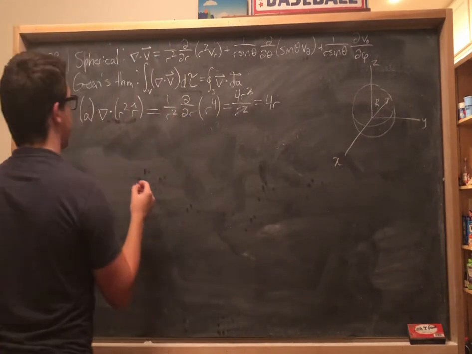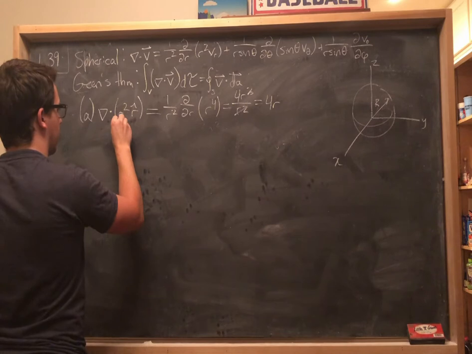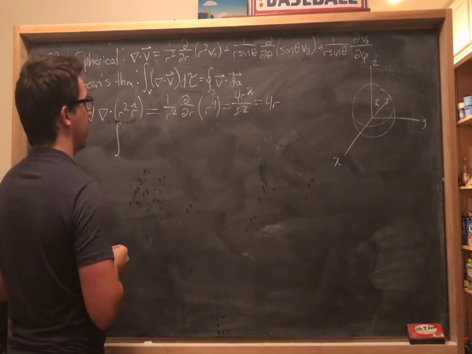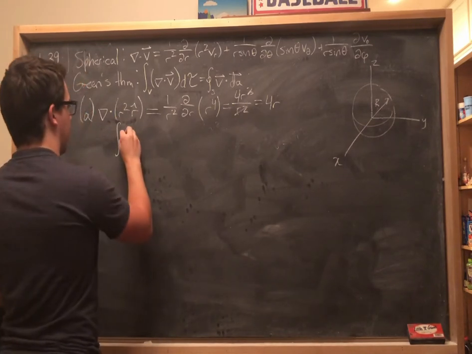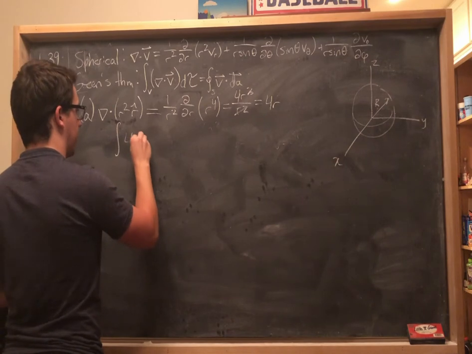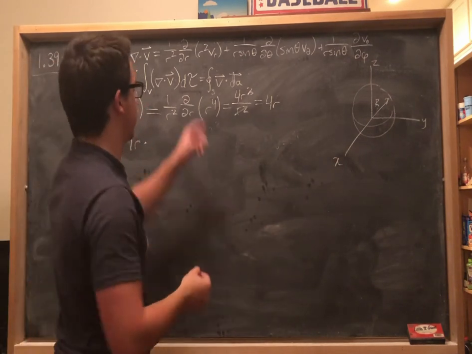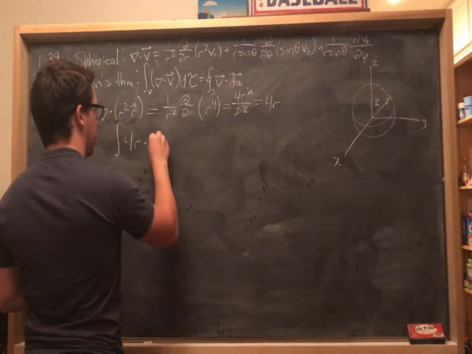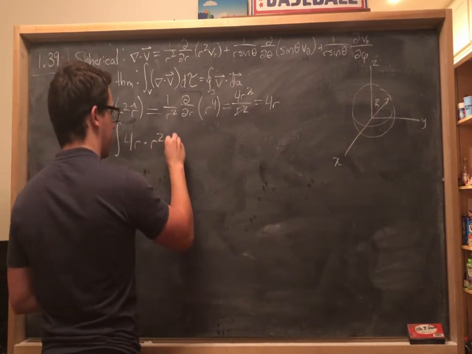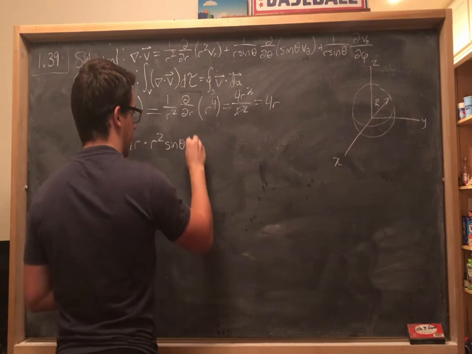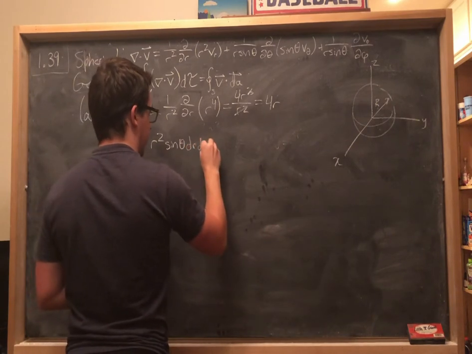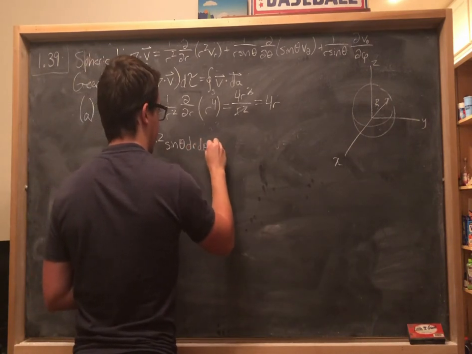Now let's plug it into Green's theorem and see if this works out. So we have 4r, and our volume element in spherical coordinates, this d tau, will be r squared sine theta dr d theta d phi.